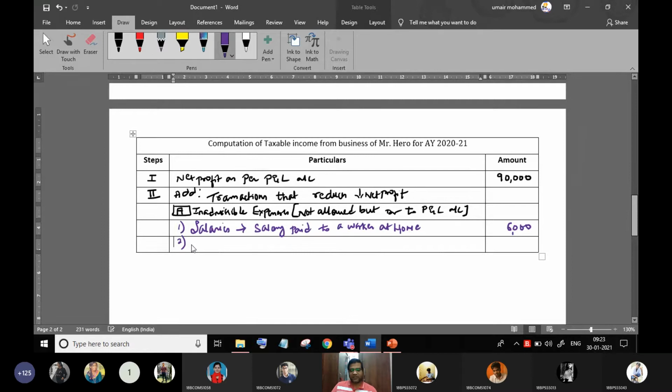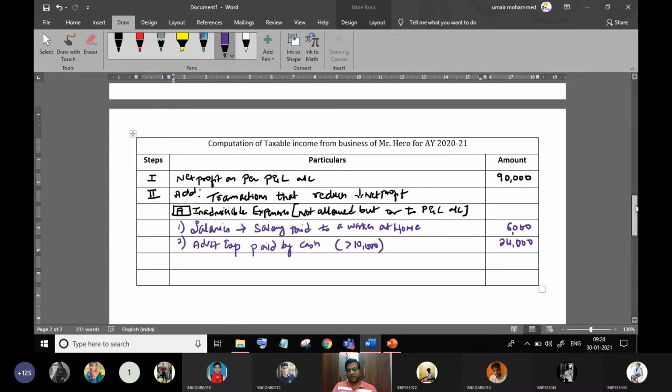So let's write this down here. Advertisement expense paid by cash exceeding 10,000. So the entire 24,000 becomes inadmissible.